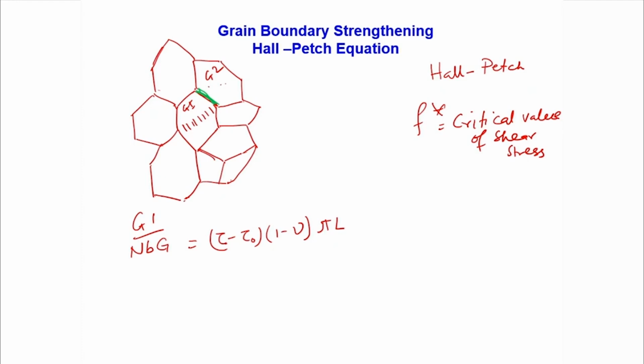And if L is the diameter, then pi L gives you the total circumference. Same thing here, correct. If we know the grain size to be given by L, then pi into L is the periphery of the grain. That's something related to the grain size actually, correct. As the grain size decreases, pi into L also decreases.